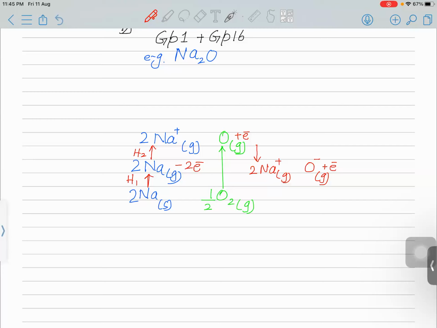Now, can you tell me the charge on electron? Either it is positive or negative? Negative. And charge on oxygen? Negative. Either they attract or repel. Repel. If they repel, this energy is endothermic or exothermic?